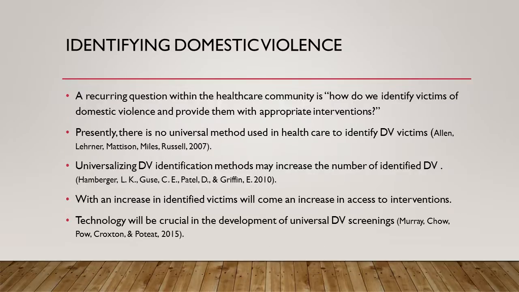So in the healthcare setting, we often ask, how can we identify domestic violence victims? As of now, there is no universal method used in the healthcare setting to identify domestic violence victims. So one of the tools we could use would be to universalize domestic violence identification tools so that we can increase the number of victims who are identified by healthcare professionals.